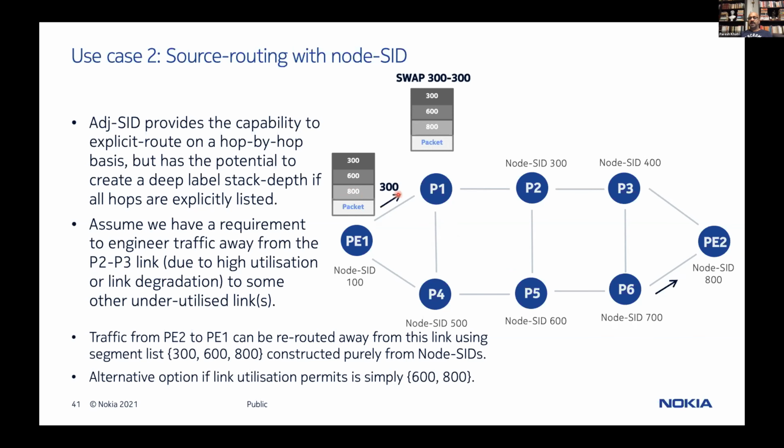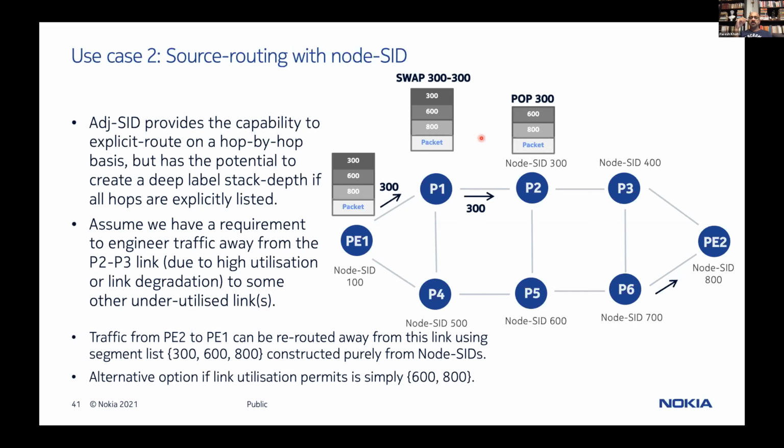So P1 sends it to P1. P1 does a swap of 300 for 300. Remember that 300 is a SID that was advertised by P2. So the entry in P1 will be swap 300 for 300. You would also have an entry for SID 400 and 500 and 600 and 700 and 800, all of them. But in this case, the one it's looking at is the one that is 300. So it does the swap, sends it to P2. Now P2 is node SID 300, so it pops it.